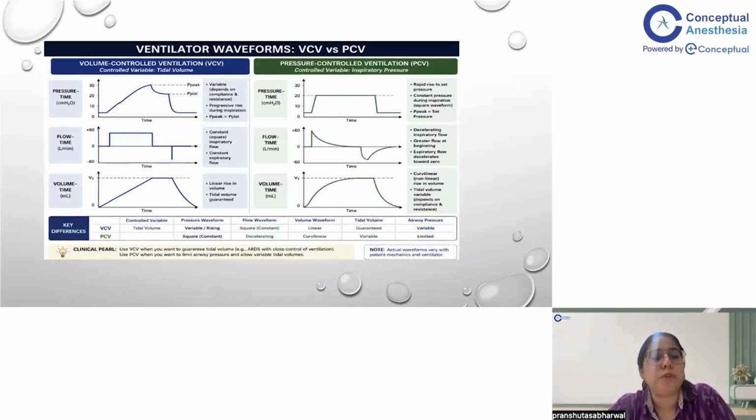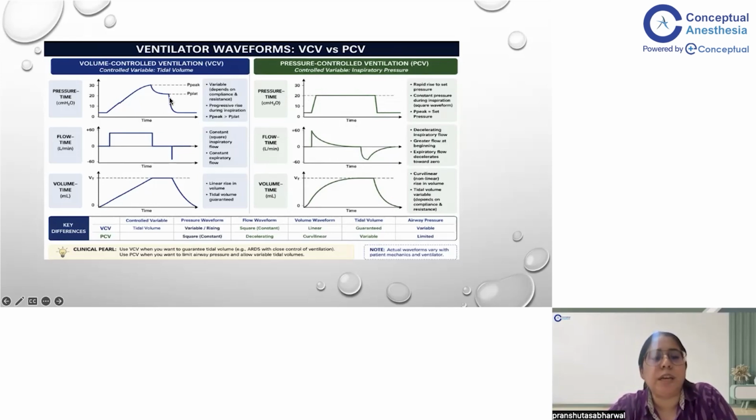For pressure control ventilation, as you know, the pressure is fixed, so you can see a constant waveform in the pressure time scalar. As far as the flow time scalar is concerned in pressure control ventilation, you can see a decelerating flow because in pressure control we are not keeping the flow fixed. The lower one shows the volume time scalar in pressure control ventilation.